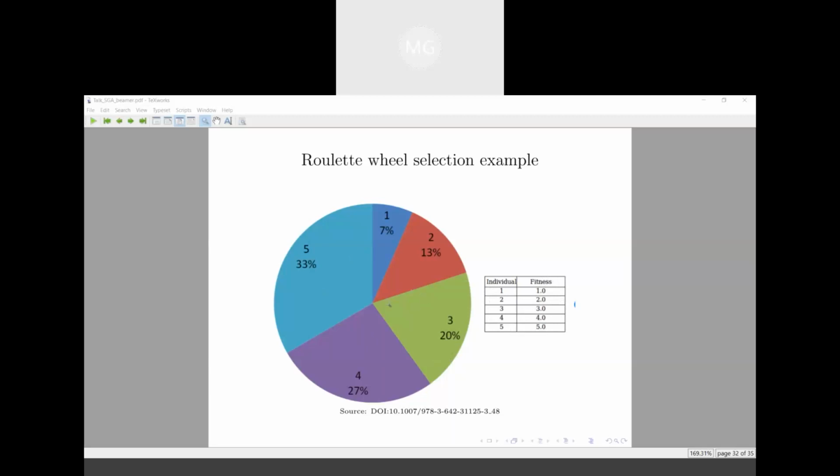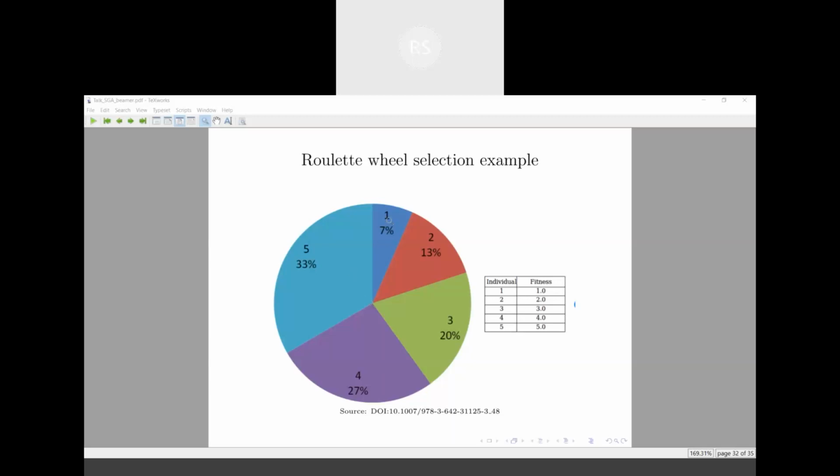Okay. Now you will agree, if this wheel is rotated, who will win quite often? There is a chance that number 5 will win quite often. In case you feel that it should win only 33% of the time, it need not be; this is the randomness.